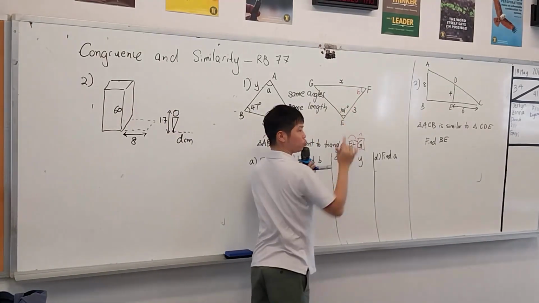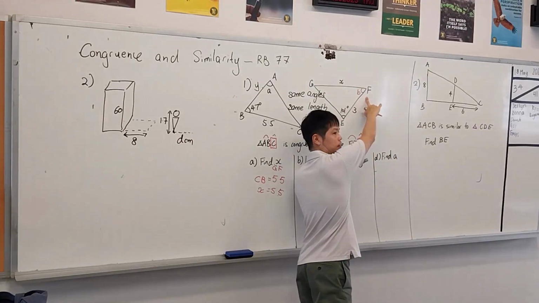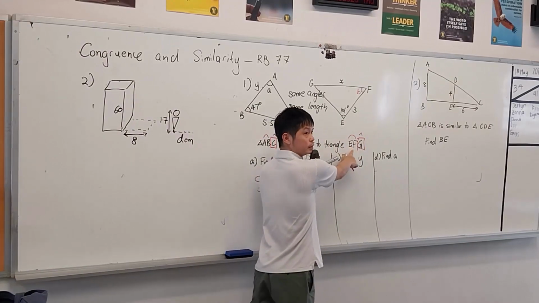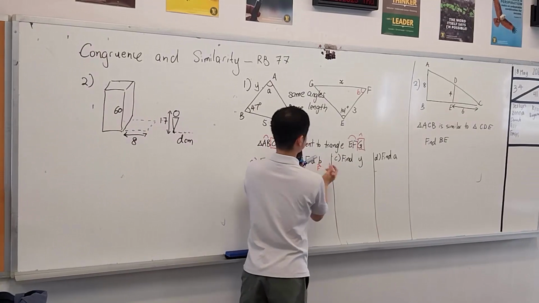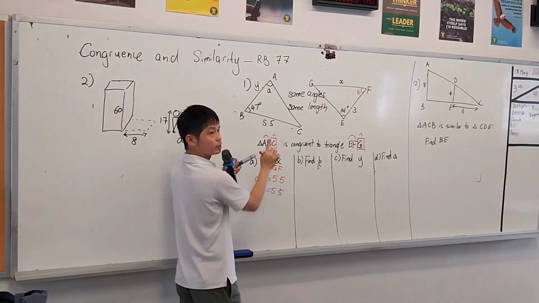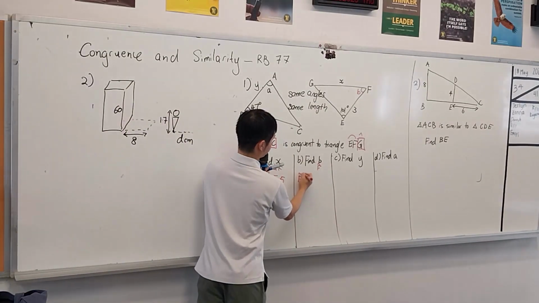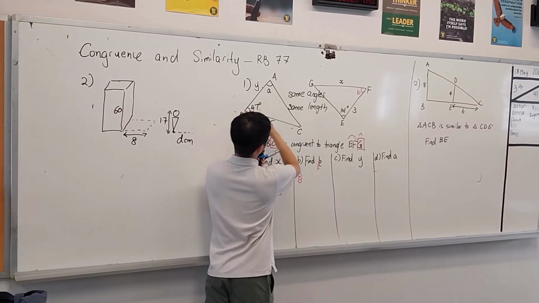So angle B belongs to which letter? It will be at the F side, right? So now you look at F. The angle F here corresponds to which angle? B, because it's the second letter, right? So it corresponds to the second letter. My aim is to find angle B, so we call it angle ABC.